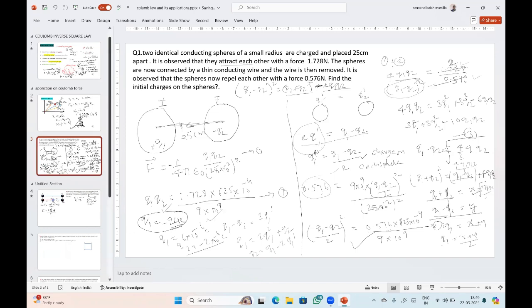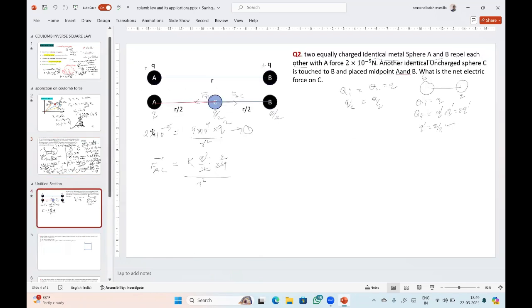So now we will see the next model. Now see here, this is also a combination of Coulomb force.